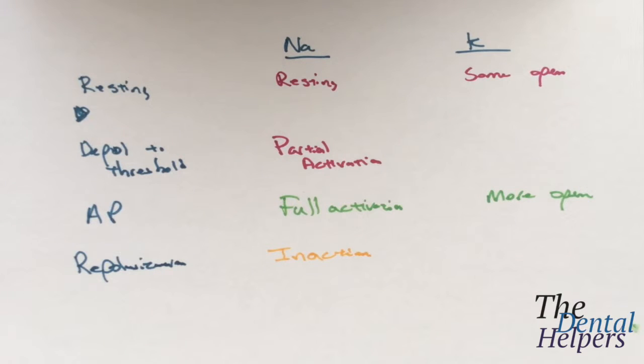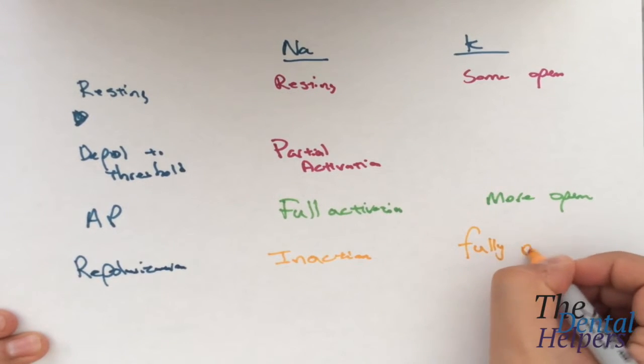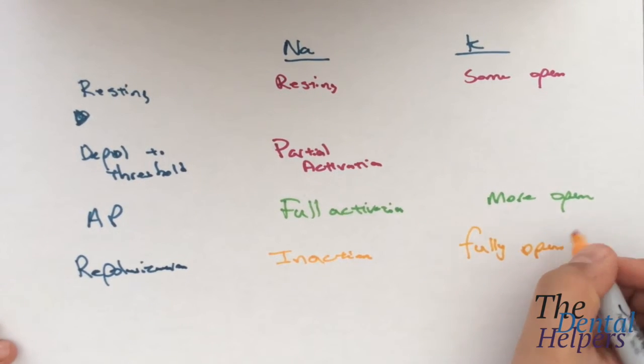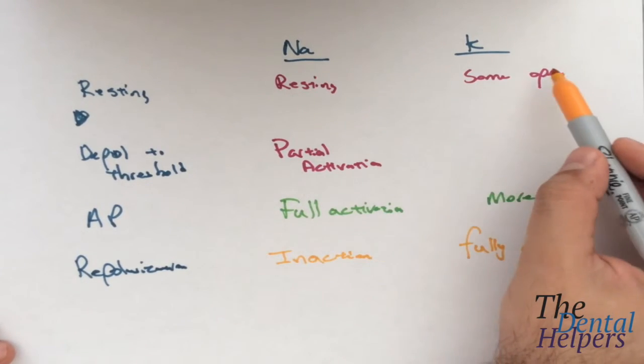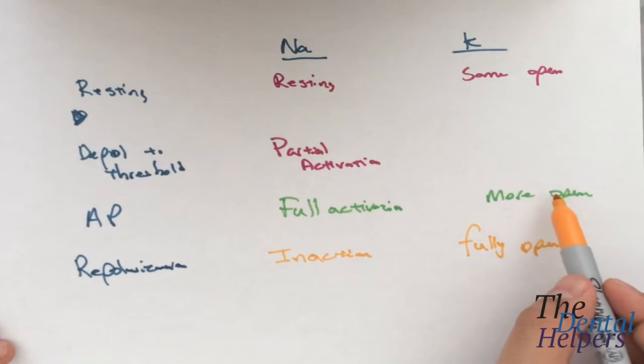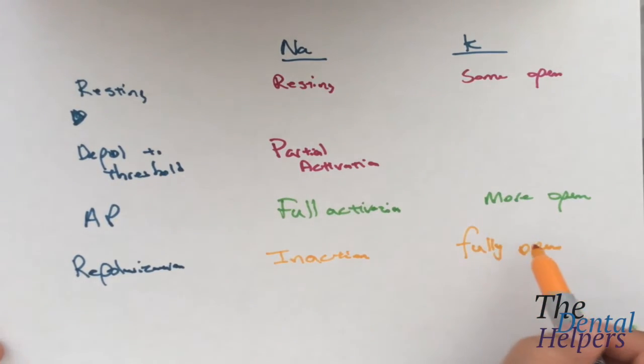In terms of potassium, we have it fully open now. So remember, potassium is a sloth, so at first it needs a little bit of help to have some of them open. Then he's slowly opening up the door a little bit more, and now we're in repolarization. The sloth has fully opened up the doors.